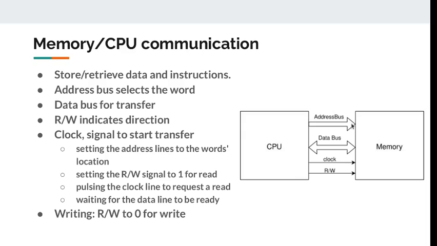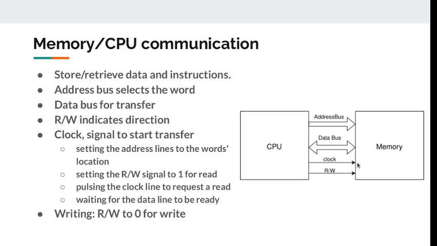So the CPU sets the address bus, and we have this data bus that's two-way. So we can store memory, we can retrieve memory, we can fetch memory from the memory array.